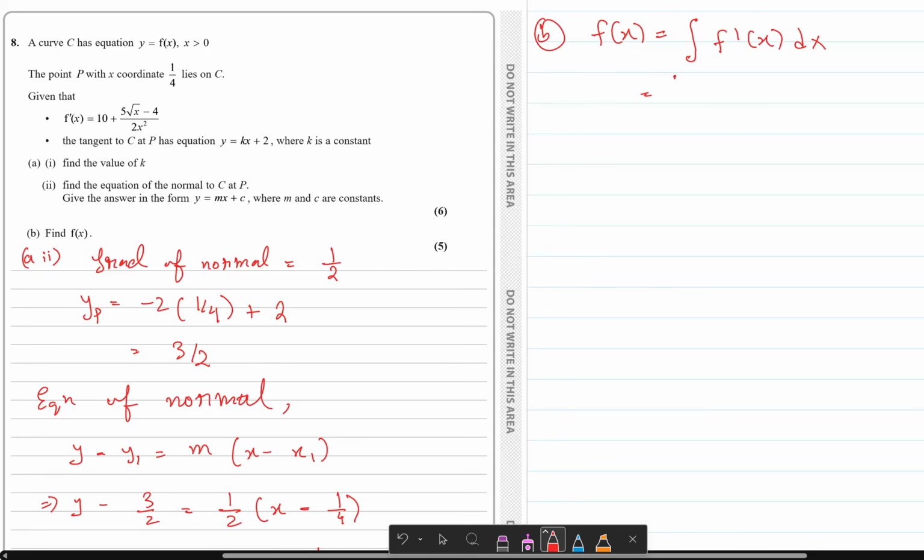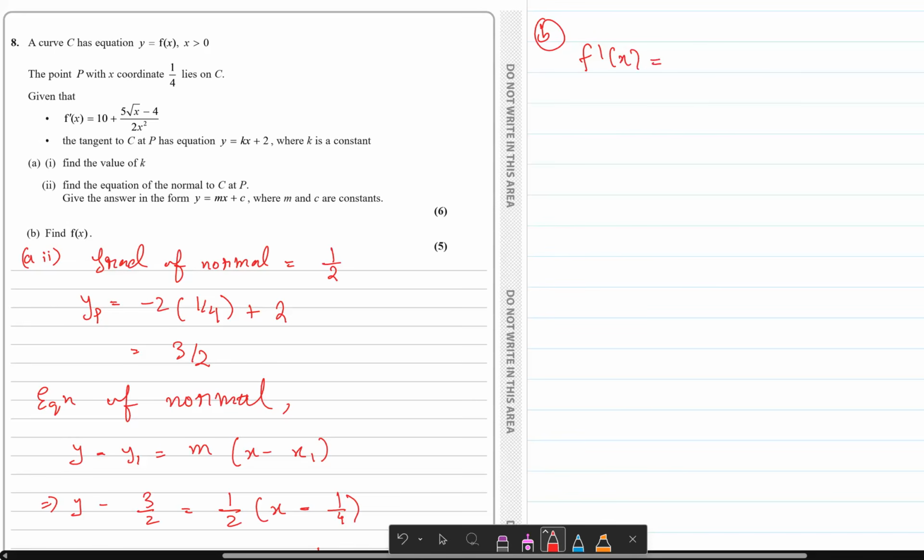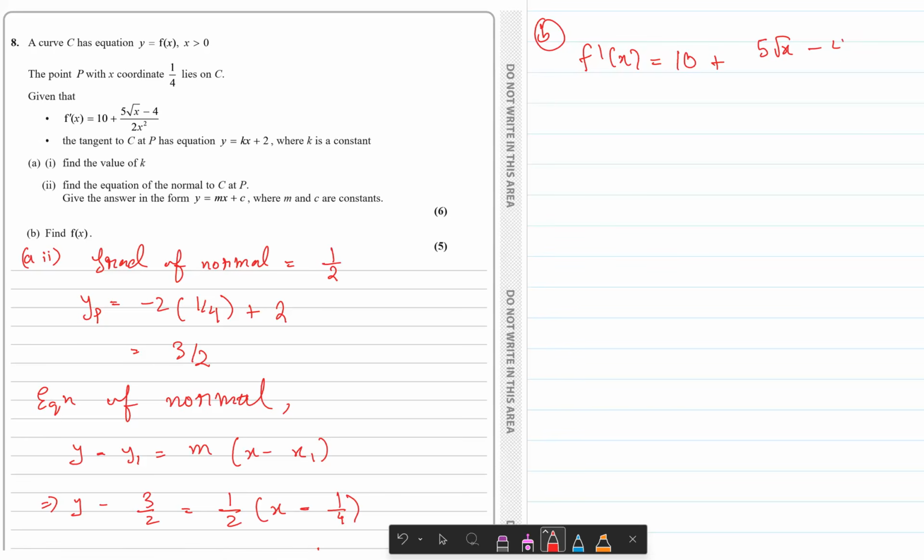So I can say integration of this, but this doesn't look integration ready. So what I'm going to do is simplify it a little bit before we start. So 5 root of x divided by 2x squared.